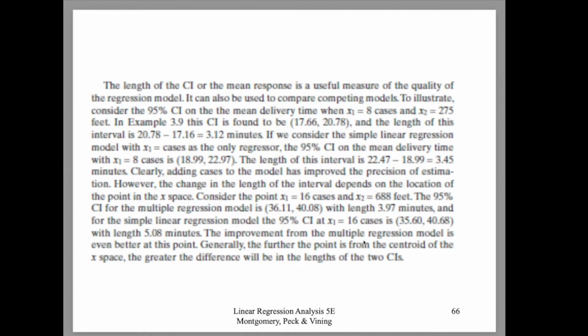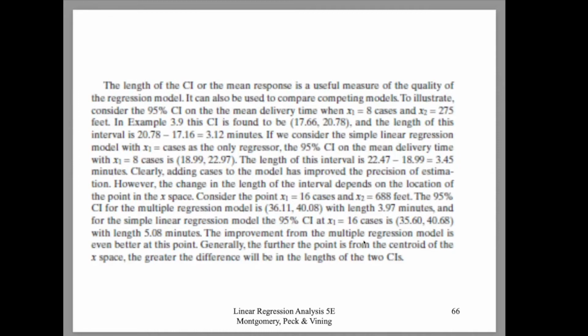consider the 95% confidence interval on the mean delivery time when x1 is equal to 8 cases, and x2 is equal to 275 feet. All right, and so we just saw this. And the width of that interval, which ranges from 17.66 minutes up to 20.78 minutes, the length of that interval is 3.12 minutes.